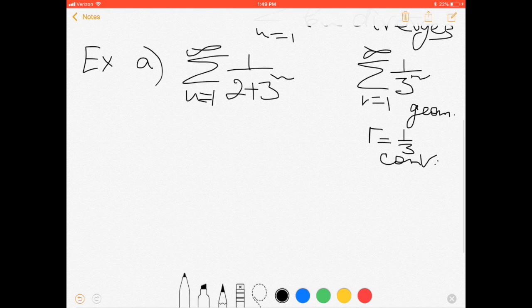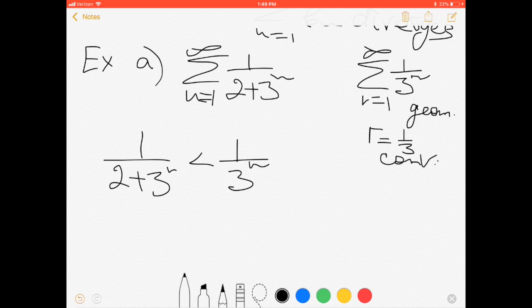Great, but what kind of inequality do we have? 1 over 2 plus 3 to the power n is always less than 1 over 3 to the power n. Because we have a larger denominator, this fraction is smaller. It works for all n.